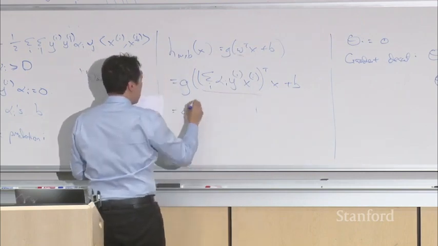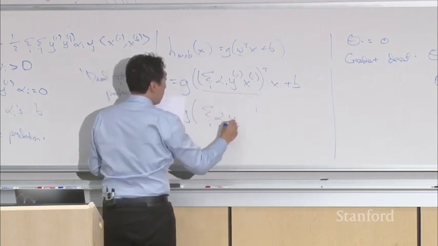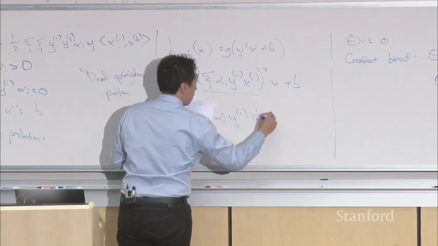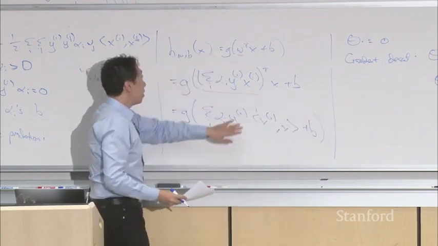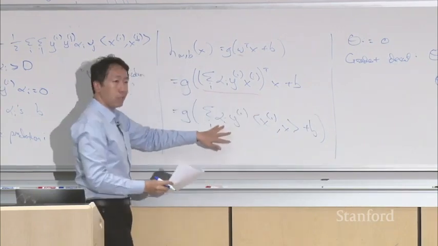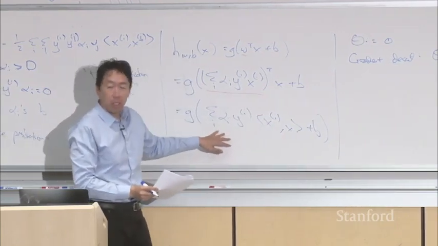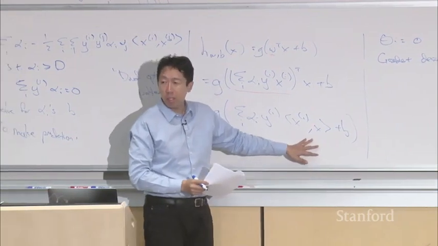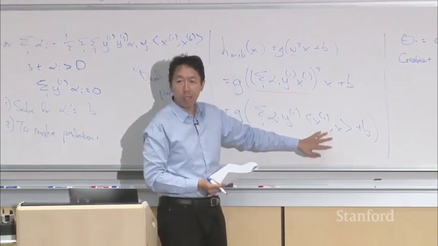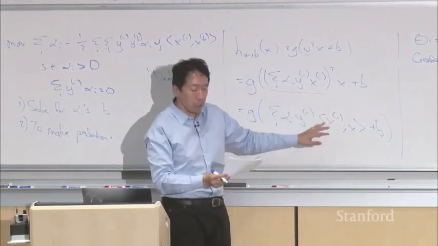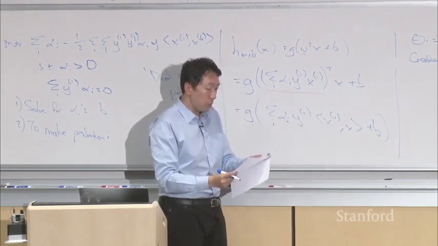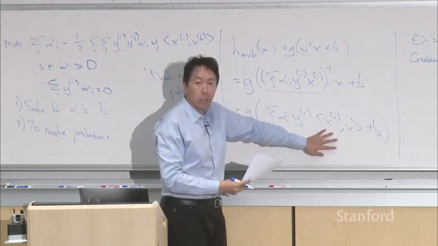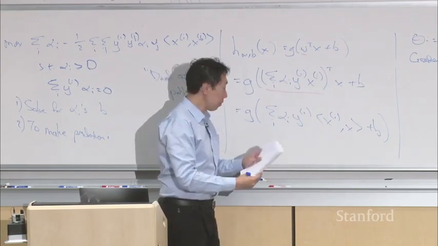And so that's equal to g of the sum over i of alpha i, y i, inner product between x i and x, plus b. So once you have stored the alphas in your computer memory, you can make predictions using just inner products again, right? And so the entire algorithm, both the optimization objective you need to deal with during training, as well as how you make predictions, is expressed only in terms of inner products. Okay.